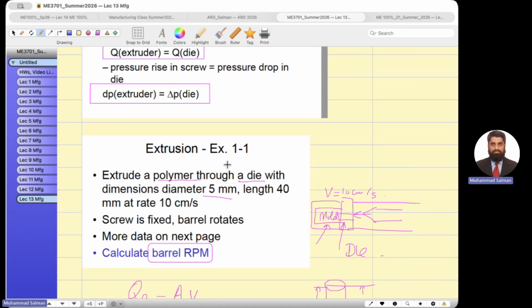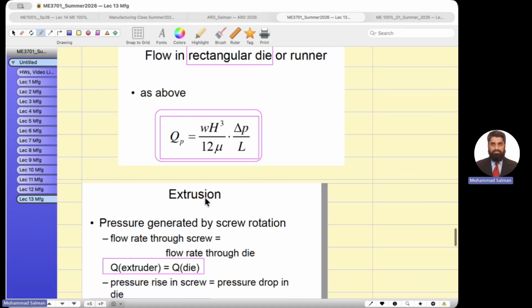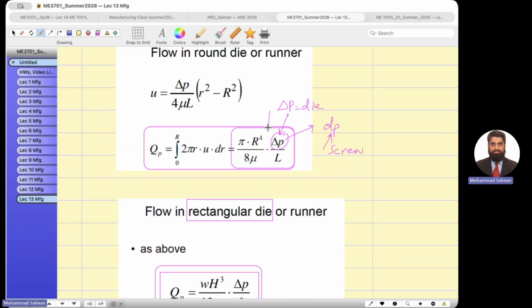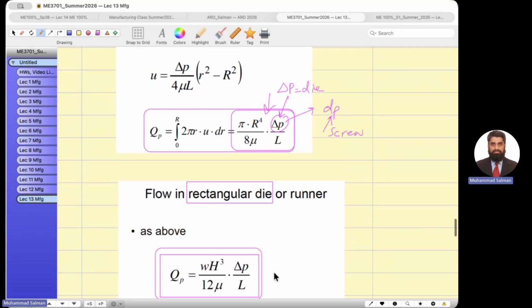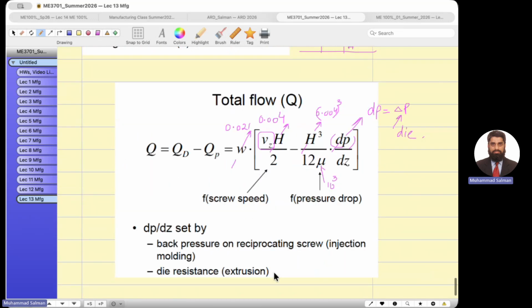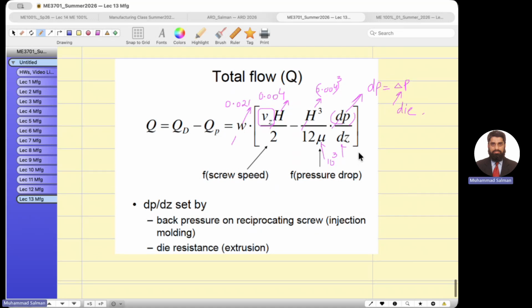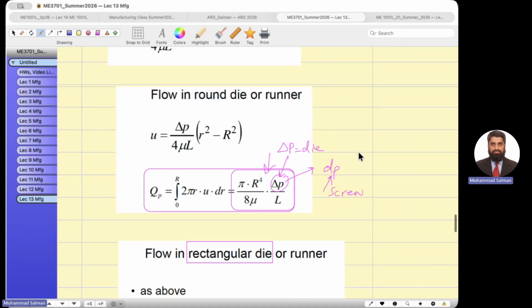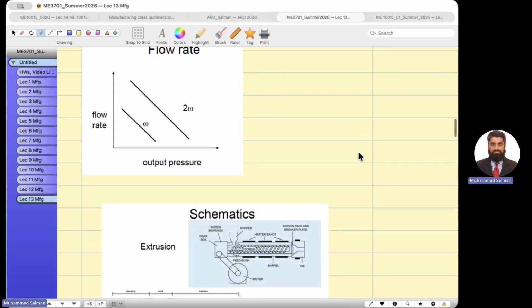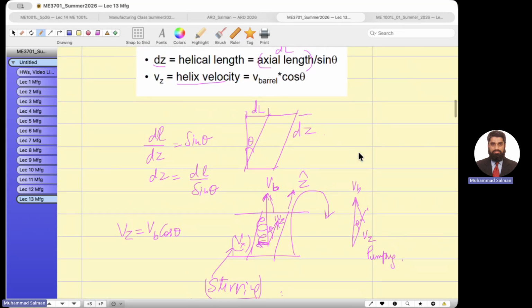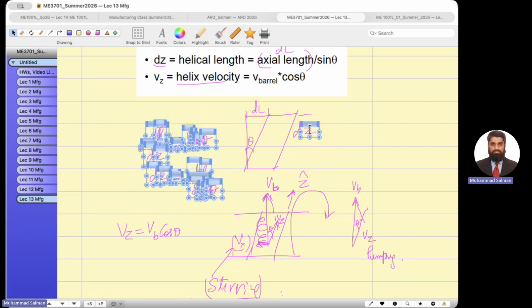Since it's a cylindrical type extruder and die, you will use this formula, pi r to the power 4 delta p over 8 eta l. So I will show you what is dz. We already wrote that over here. Let me grab this. Yes, dz equals dl over sine theta.